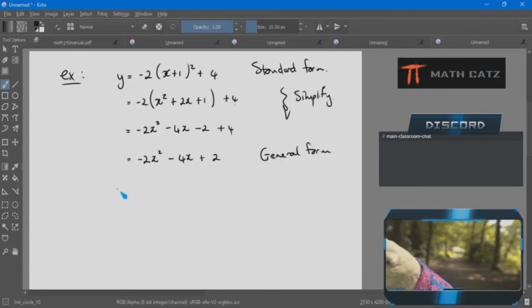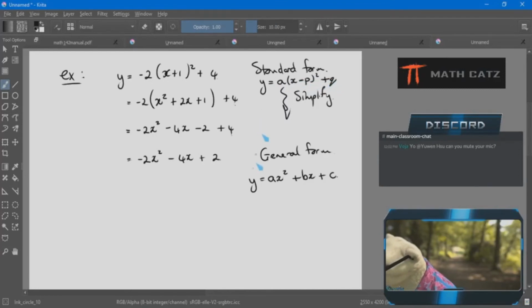General form has the form ax squared plus bx plus c. The a is still the same as the standard form's a. So there is something carried forward, but the b and the c are combinations of p and q and a in the simplification process.